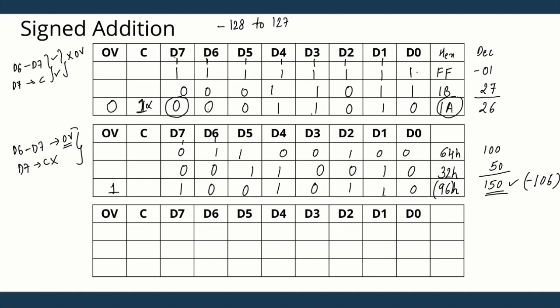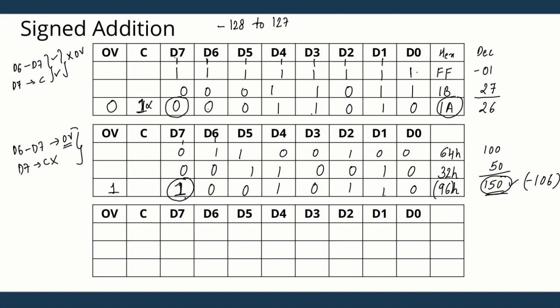So there is some problem of having an overflow number. By looking at the overflow, what we can understand is there is a problem with the sign bit. What we require is a positive number 150, but what we are getting is a negative number. As we know, for a signed number, when the MSB is 1, that means it's a negative number.